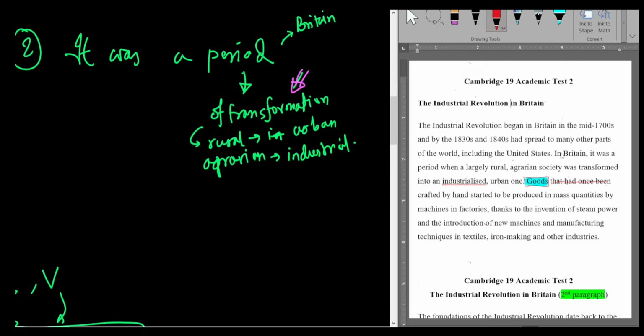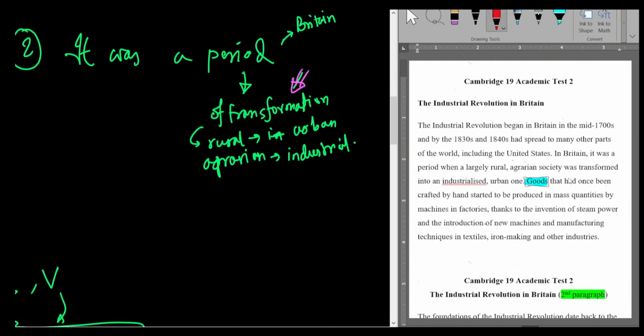So you have to basically check that in a relative clause you will get a verb, right? You will get a verb like had once been crafted. This is passive form. So this is the verb mainly, had been crafted. This is our first verb of our relative clause. So okay, let us not mark it, as we are marking only the main verbs.